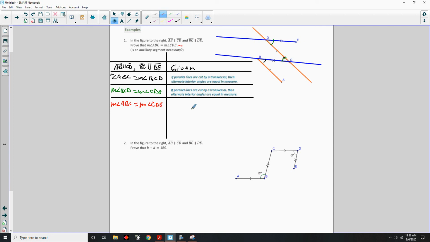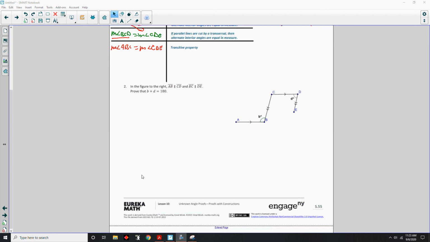And that's what we're trying to prove. So ABC equals BCD, but BCD equals CDE, then ABC has to equal CDE. That is the transitive property. Okay, transitive property.